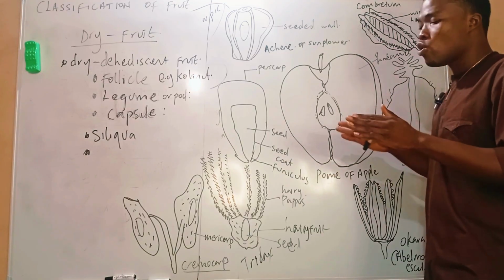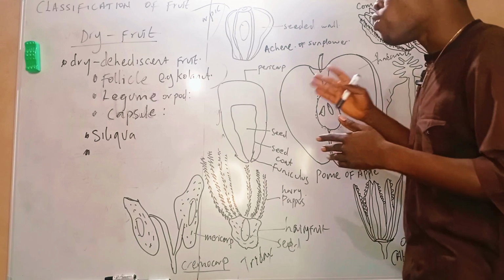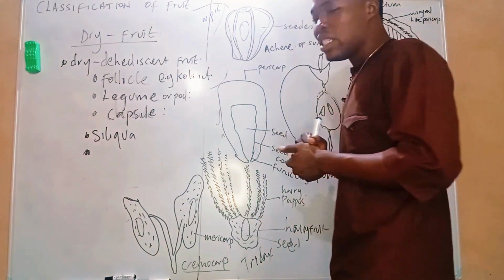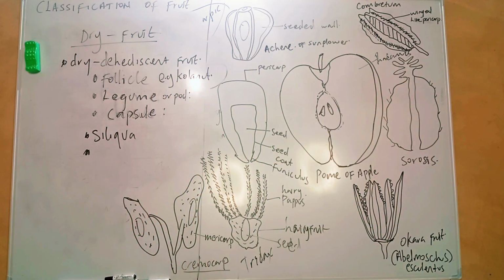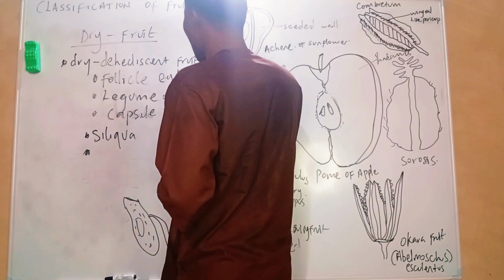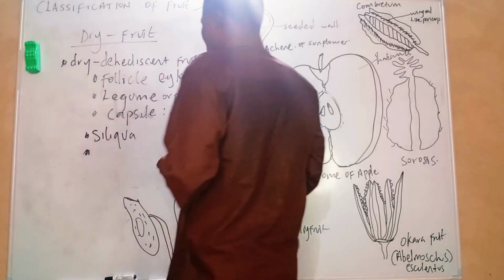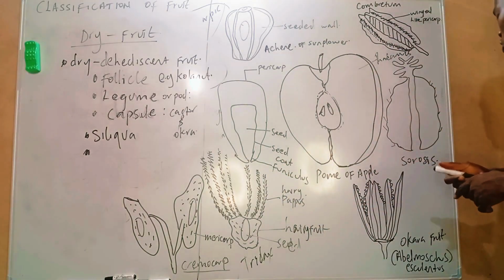Upon maturity, it opens along two, three or four sutures, usually two or more, to release the seed. Capsules are very popular in Africa. Here we have the castor and the okra, and so on and so forth.